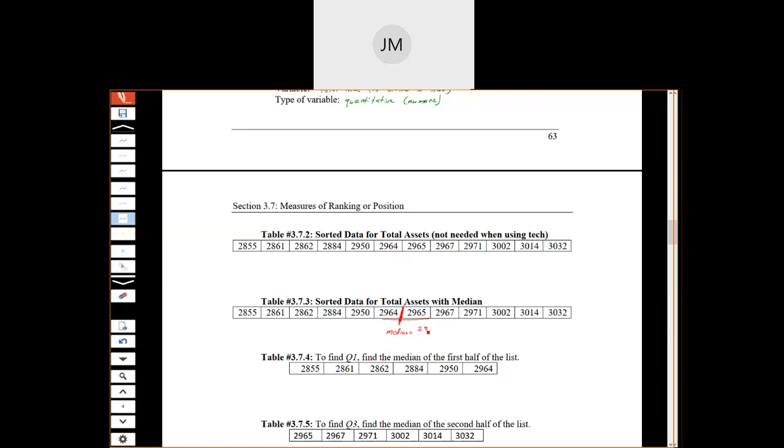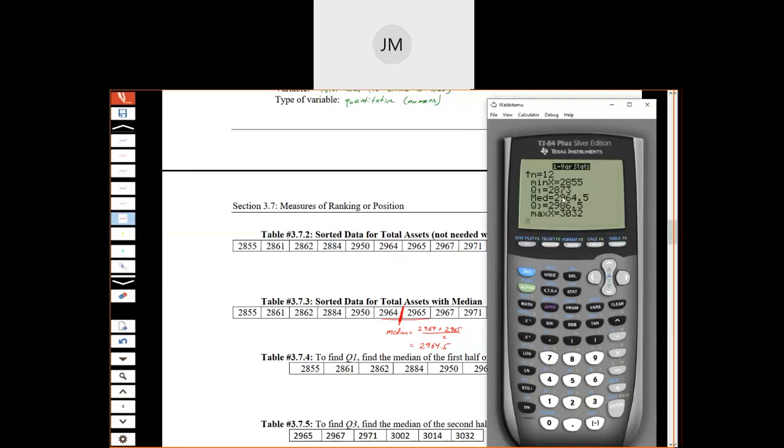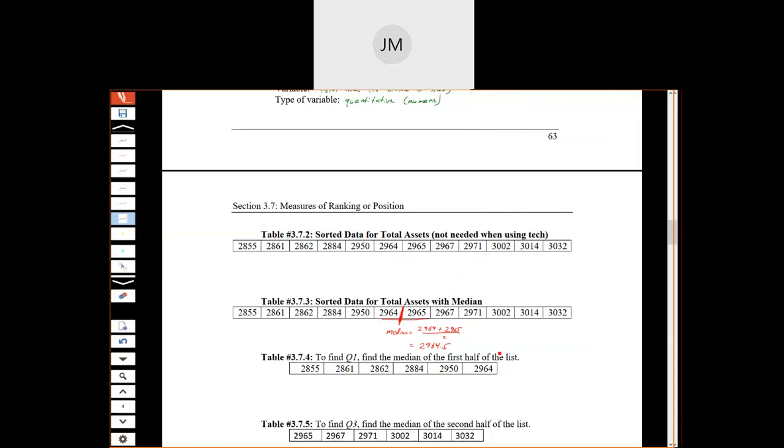So I'm going to take 2964 and 2965 and average them. So I get 2964.5, which is what my calculator computed. Now when I write it down, we want to make sure that we keep our units.